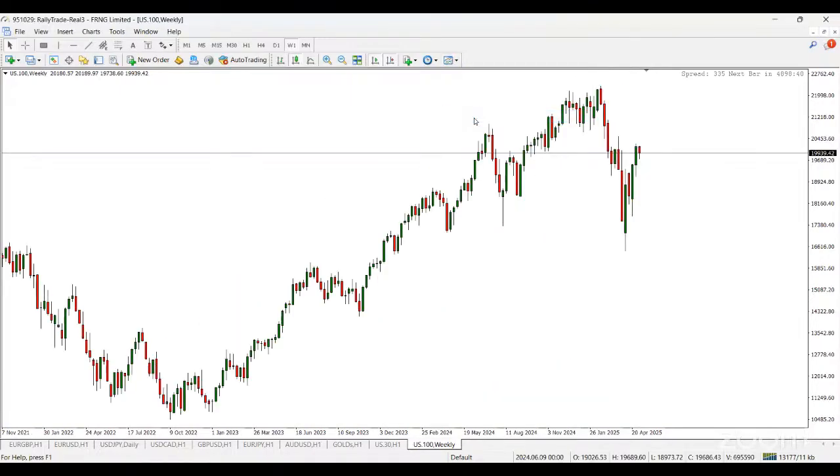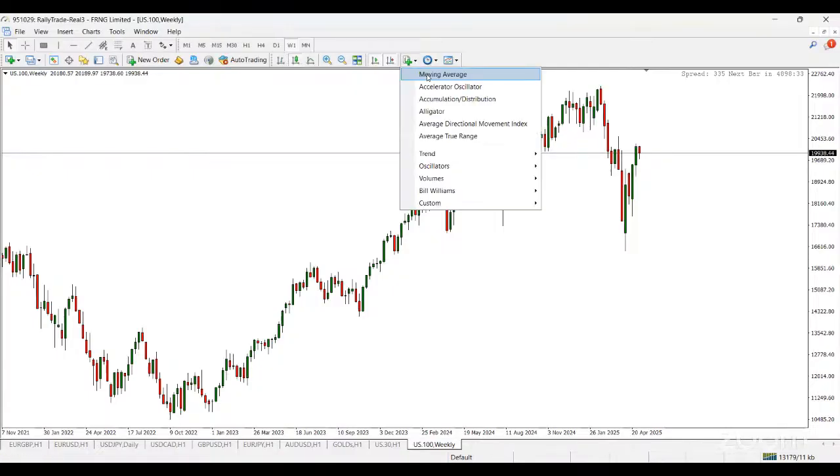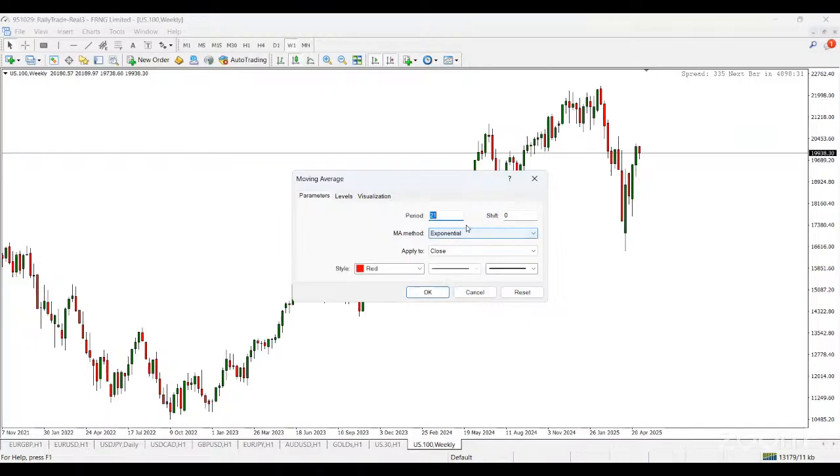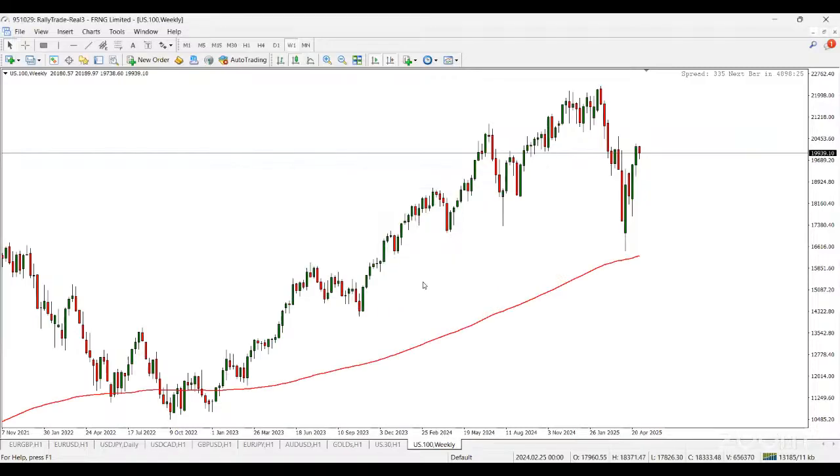So if I clean this chart now, and this is a weekly chart, and I insert a moving average on the screen, and I say for example 200, whether it is exponential or simple, whatever, then I click OK. You can see clearly on this one, this moving average is acting as a support for this price.